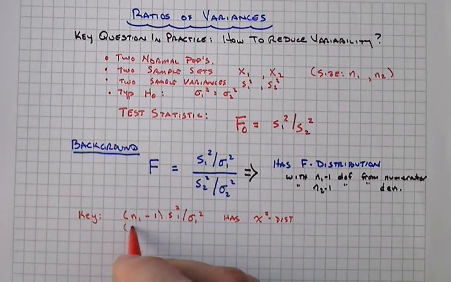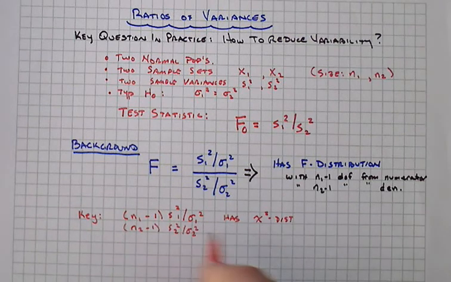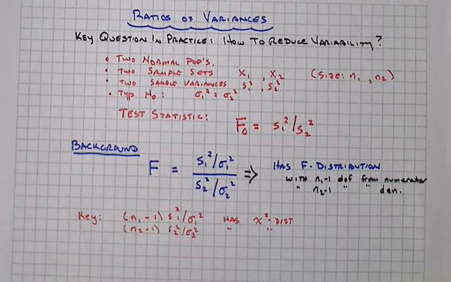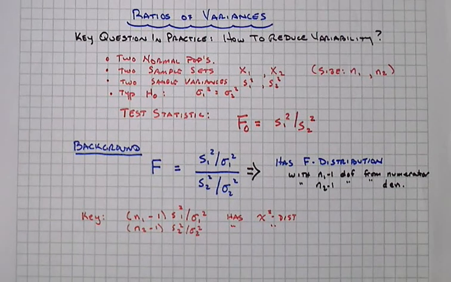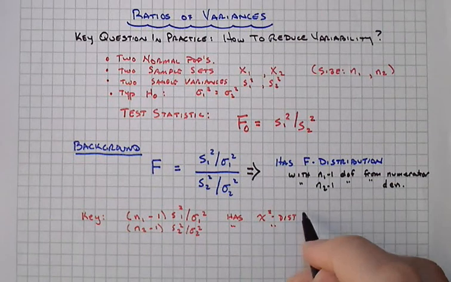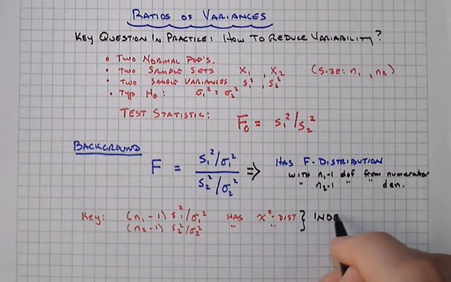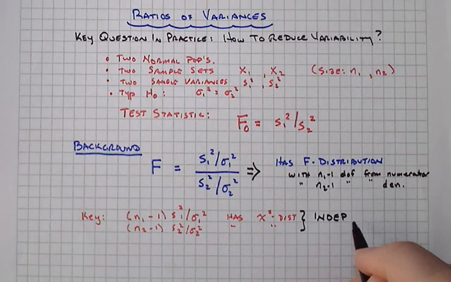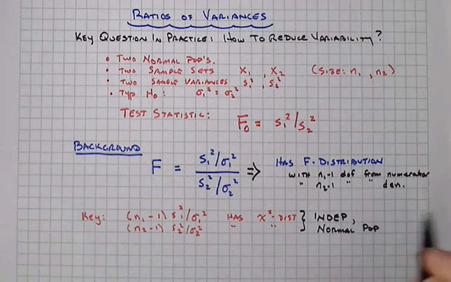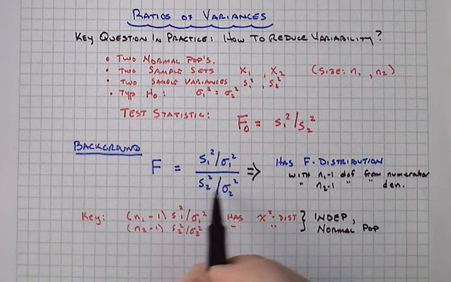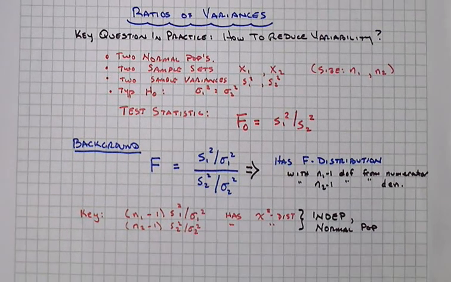Likewise, then obviously that was true also of the second population. Now, part of that, and key to our work here, is that the two populations are independent of each other, and they're coming from a normal population. We need both of these to get us to the F distribution.